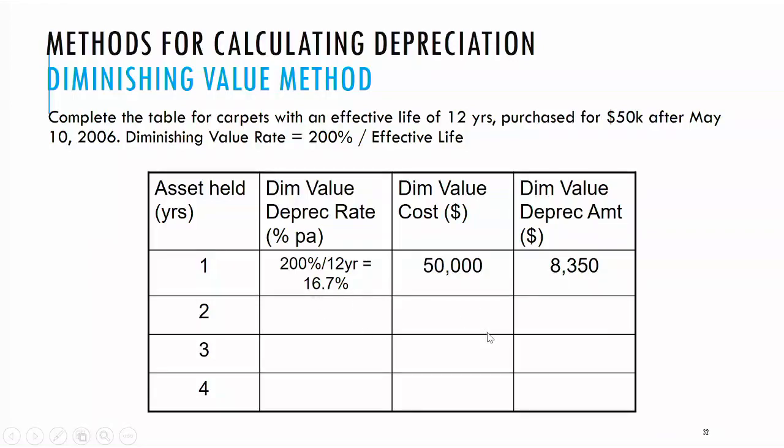So the 200% over 12 years, which is 16.7%, is constant throughout. Yes, the depreciation rate is constant. Once you calculate it, it's constant. We don't change the rate every year.